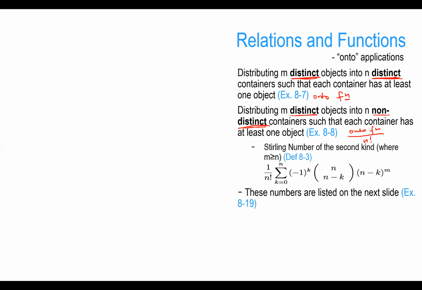In fact, this leads to this equation down here. You'll notice that most of this looks like the onto function, with the exception of that 1 divided by n factorial.